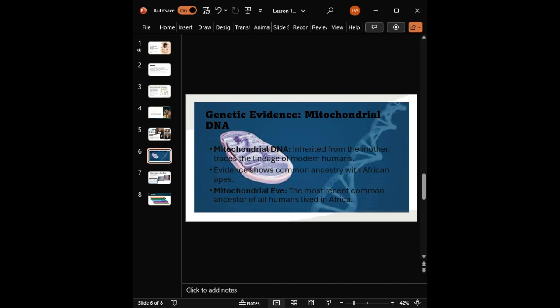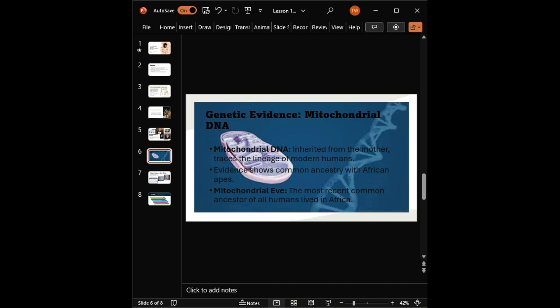And mitochondria are in each and every cell of an organism. By comparing the mitochondrial DNA of humans and African apes, we can see a shared lineage which supports the idea that humans and apes share a common ancestor.